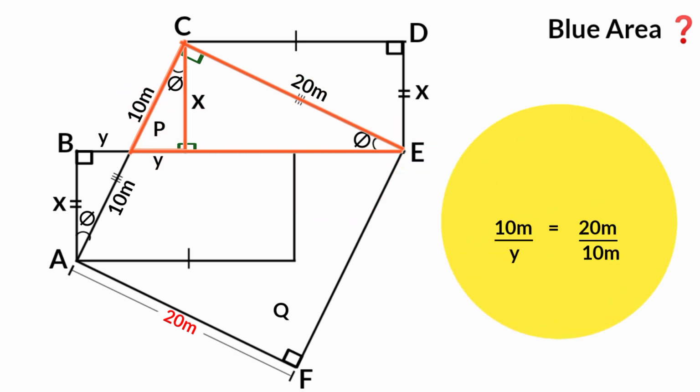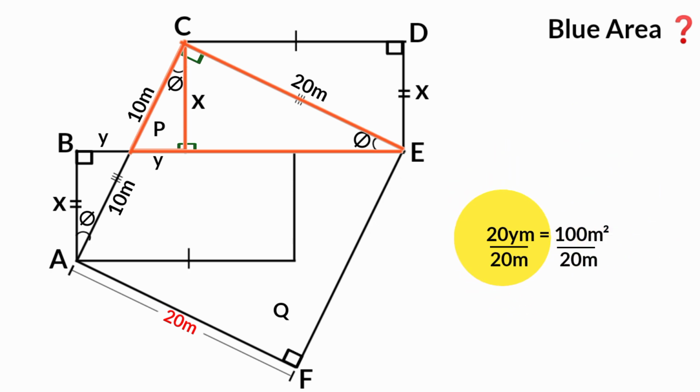That is 10 meters over y equal to 20 meters over 10. If we cross multiply, y times 20 meters equal to 10 meters times 10 meters. Dividing both sides by 20 meters, here 20 meters cancels 20 meters, while here 100 meters squared over 20 meters is 5 meters. So y equal to 5 meters. That is, this side y is 5 meters in length.